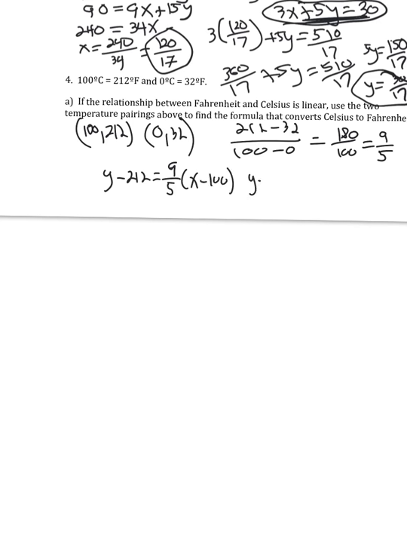So that gives us y minus 212 is equal to 9/5 x minus 9/5 times 100, which is 180. And we're going to add 212 to both sides to get y is equal to 9/5 x plus 32. So x is our Celsius, so we plug it in, and 9/5 times our Celsius plus 32 will give us our Fahrenheit.